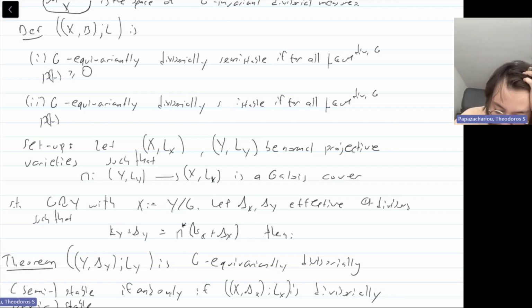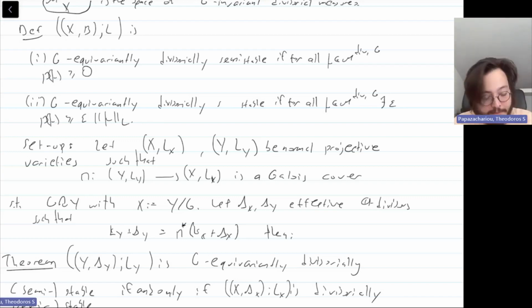And if I want it to be divisorially stable, I require that for all G-invariant divisorial measures, there exists an epsilon such that this beta is bigger than or equal to epsilon times the norm of this mu.